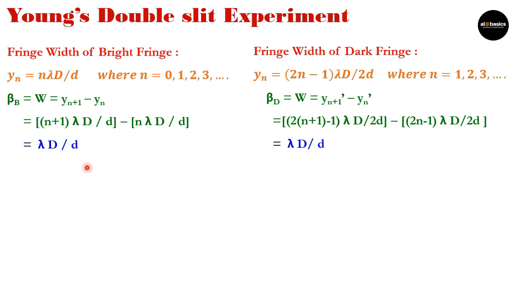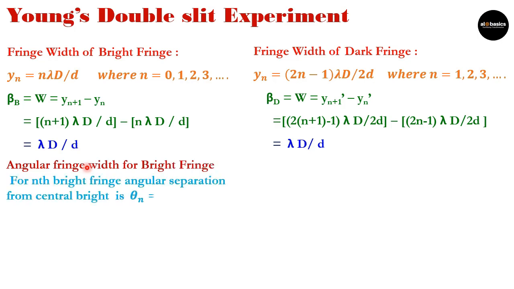Now as distance between two consecutive bright bands and dark bands is same, sometimes we require angular separation between them. This is required for solving numericals, and if we want that, then we have to find out angular fringe width. This angular fringe width can be determined by using angular separation between two consecutive bright or two consecutive dark fringes.